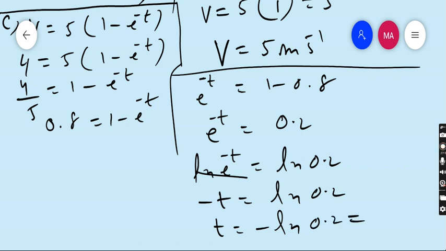From your scientific calculator, minus ln 0.2 is 1.6.